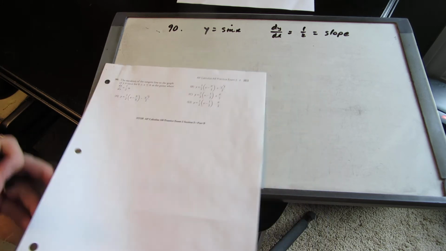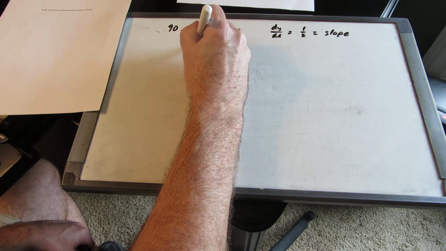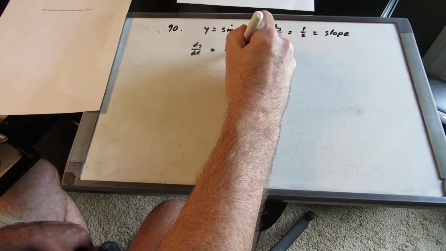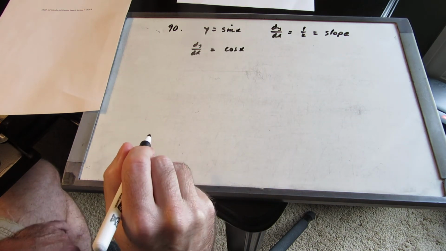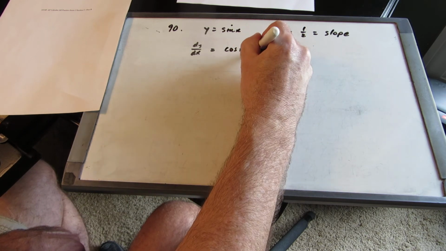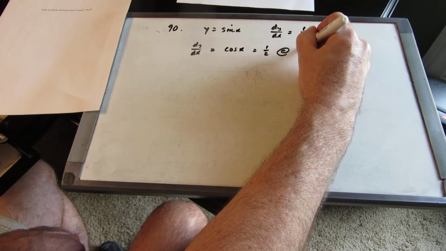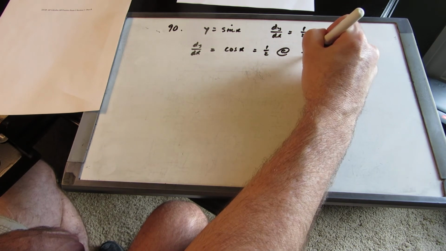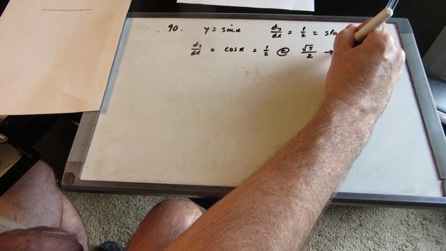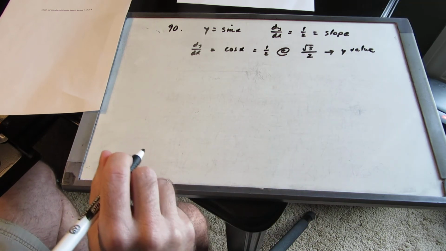So we need to get, first of all, the derivative. dy/dx is equal to cosine x. Okay, so cosine x is equal to 1/2, and this is your y value, root 3 over 2.